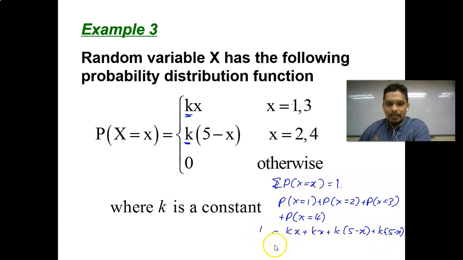Now kx plus kx, 2kx, plus 2k(5 minus x), which is equal to 1. Okay, so then I continue above here. We got 2k and 2k.